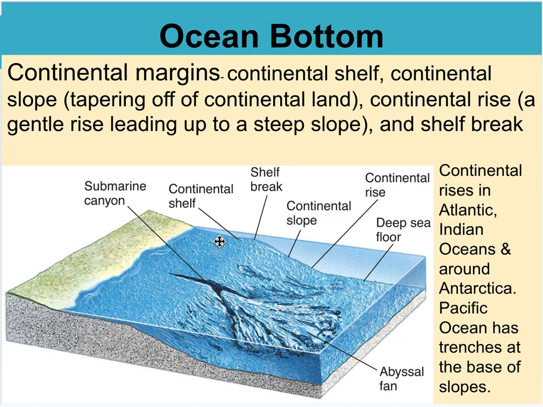So over time, the glaciers have melted, the oceans have risen, and it has covered up these features that are there. So these features still exist under water. They're just covered now with ocean water, which is cool. So that's called a submarine canyon, an abyssal fan. You see the edge of the continent.